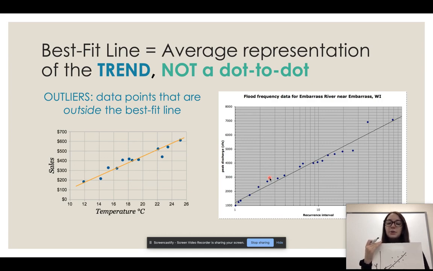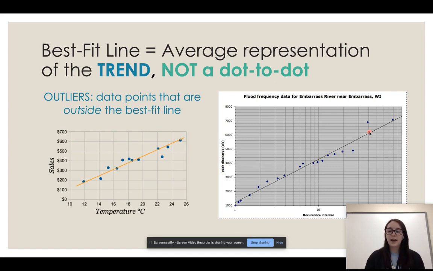It also lets me point out any outliers, data points that are outside of this line. So for example, right here, this dot would be considered an outlier because of how far away it is. Another example would be this dot right here. That's an outlier from this data set, along with a couple other points there.